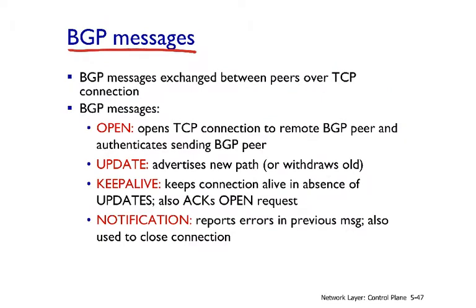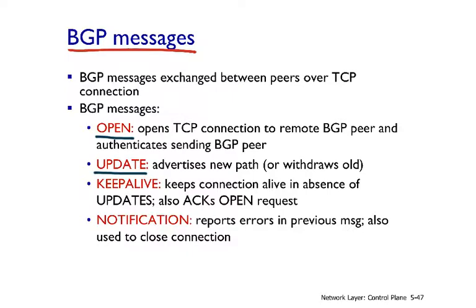I previously said that eBGP messages are exchanged between peers over TCP connections on port 179, but what kind of messages can we use? The first one is open, to open such a connection, to connect both entities. Another message is called update, with normal advertisements.